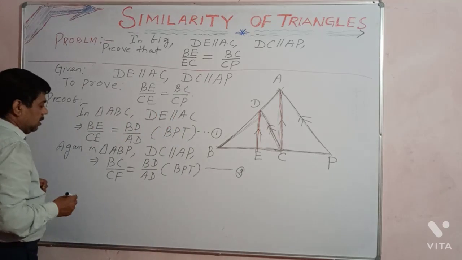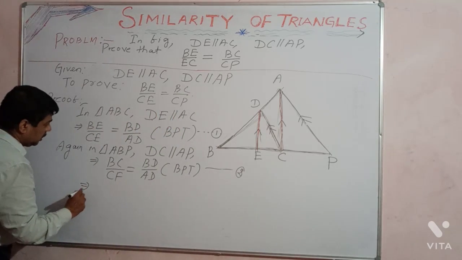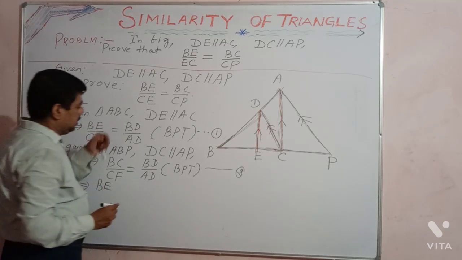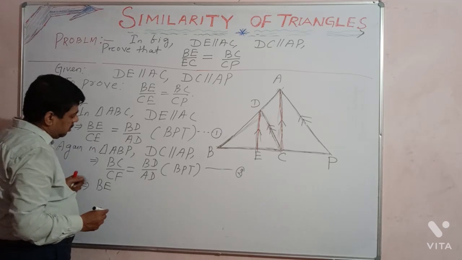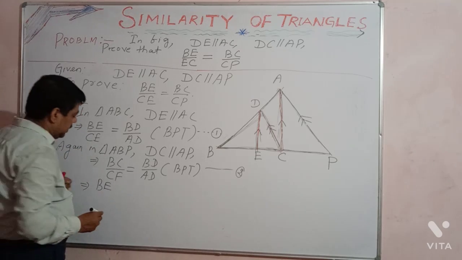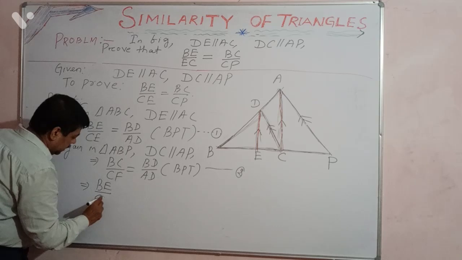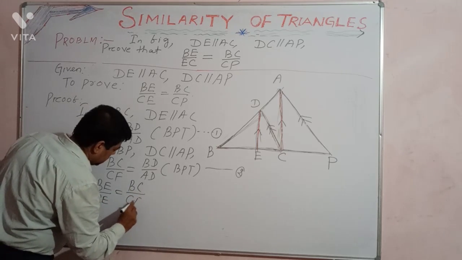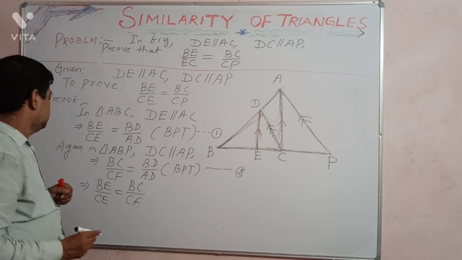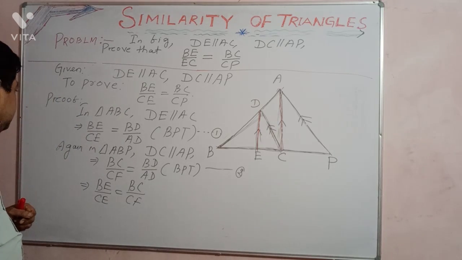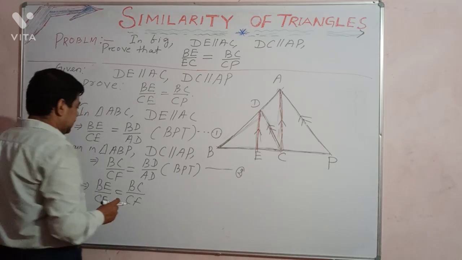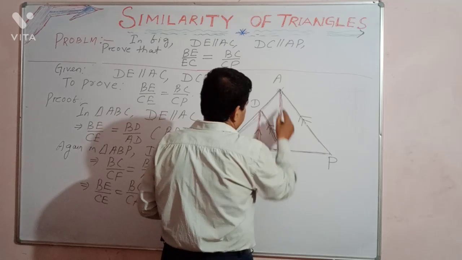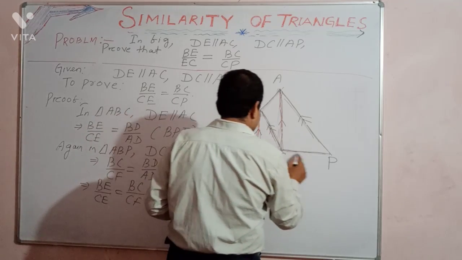Now you are able to see from equations 1 and 2. BE upon CE is equal to BD upon AD, and in the second point we got BC upon CP is equal to BD upon AD. So you can write BE upon CE is equal to BC upon CP. Look once again in the triangle ABP, you see DC parallel to AP, so BC upon CP.